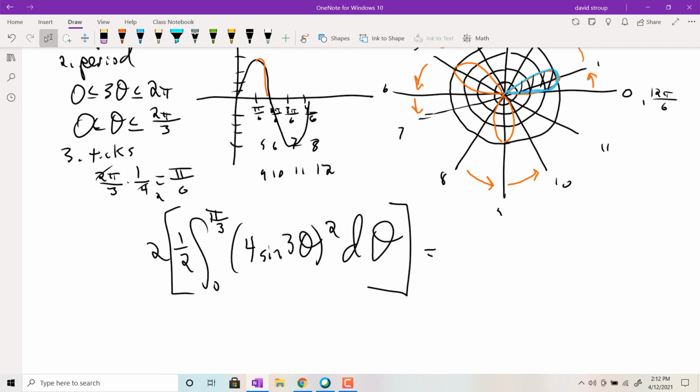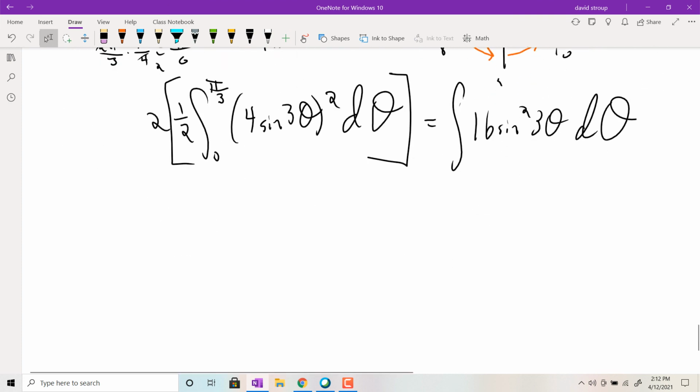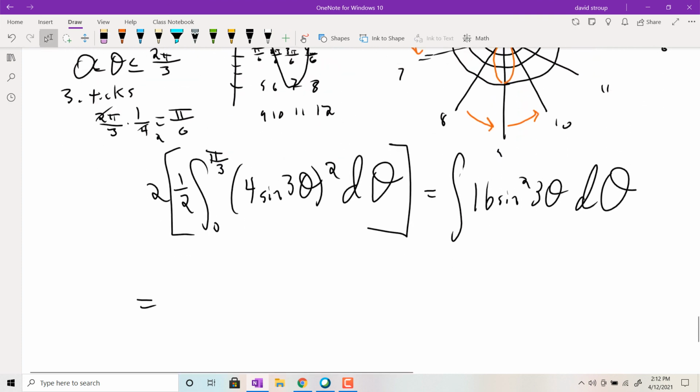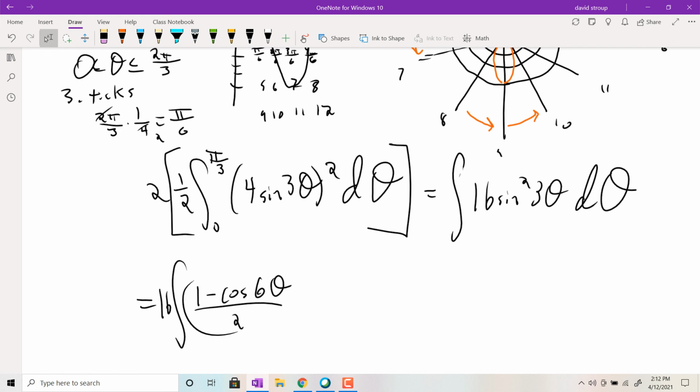2 times 1/2 is 1, so I just have this integral, 16 sine squared 3 theta. And then I'm going to have to use one of my trig formulas. I could factor out a 16, but I'll have 1 minus cosine of 6 theta over 2 d theta.